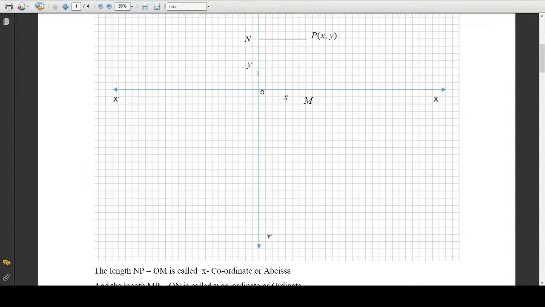Clear? This means the point P here is denoted by (x, y). That means the distance from O to M is x, and the distance from O to N is y.